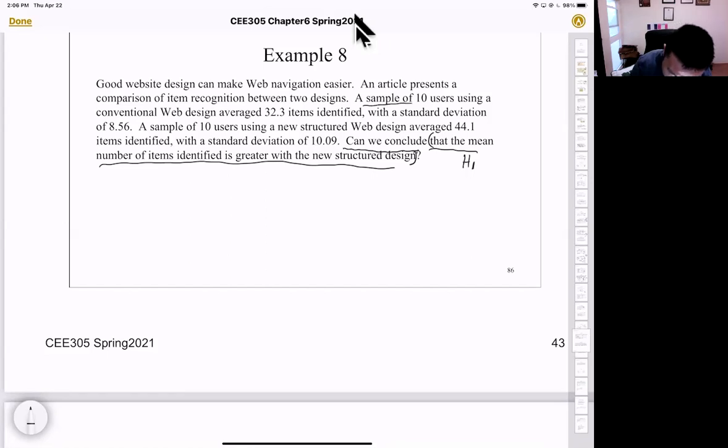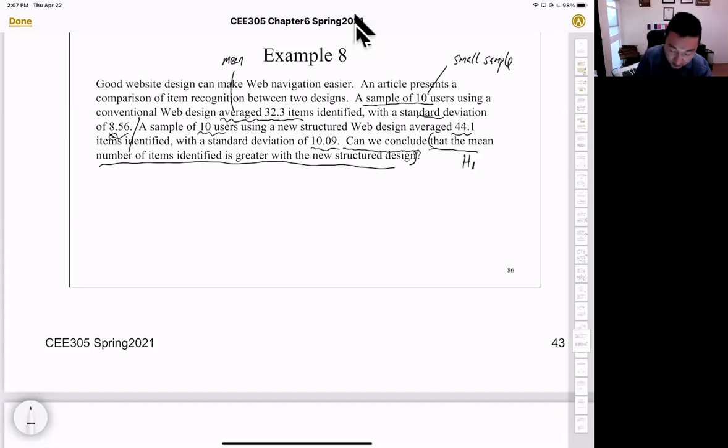Then a sample of 10 users, so from there we know this is a small sample, used the conventional web design, with an average of 32.3. The keyword average tells us this is about the mean value. And then the standard deviation is 8.56. Another sample of 10 users, also small, used a newly structured web design, with another average and another standard deviation.